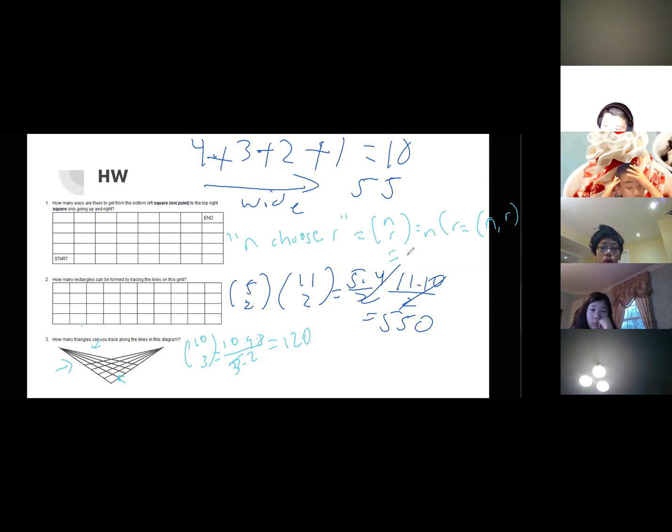It's the number of ways to choose r from n, with no order. And the calculation for this is n factorial divided by r factorial times n minus r factorial.